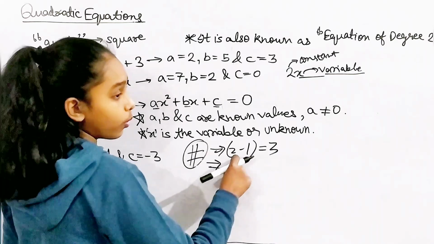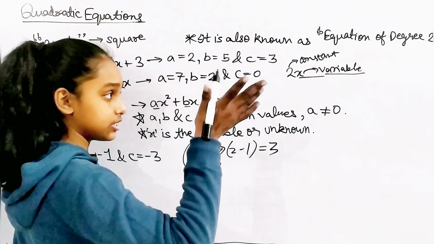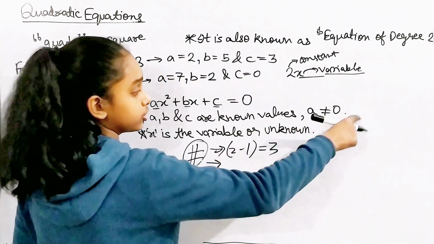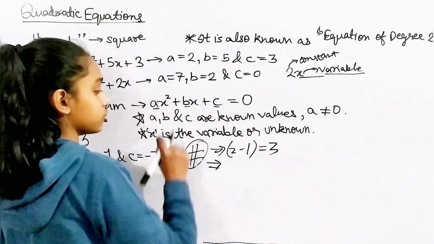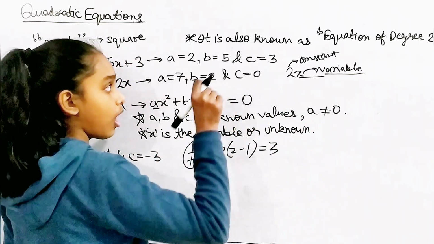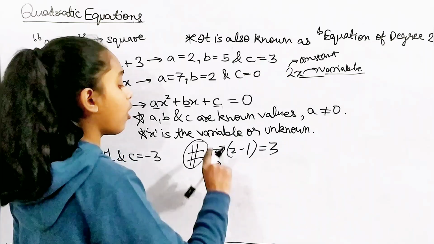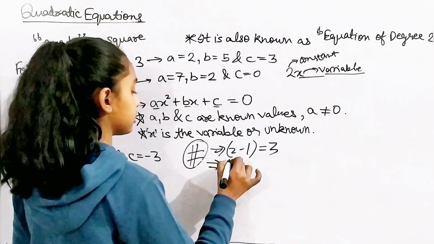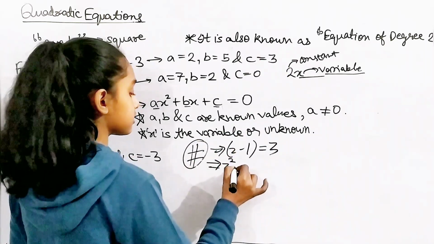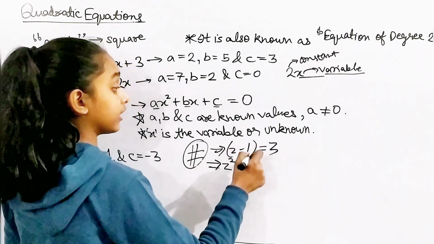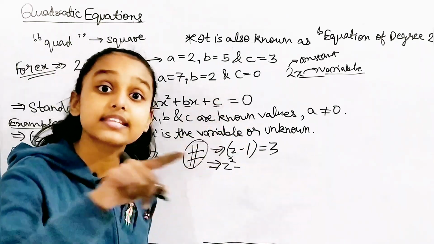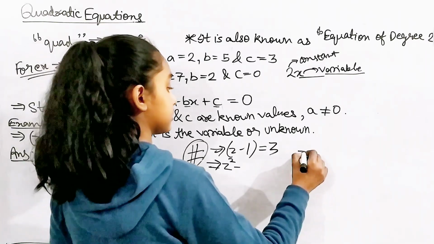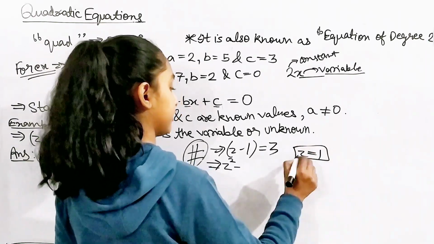So for the first one, I will have the square as my first value, which can't be equal to 0, and it will always have this x to the power square. So as you can see, our Z square is here. Minus will be exactly the same, so -1. At the place of 1, I can also write Z, because I can see that my value Z is equal to 1 in this case.